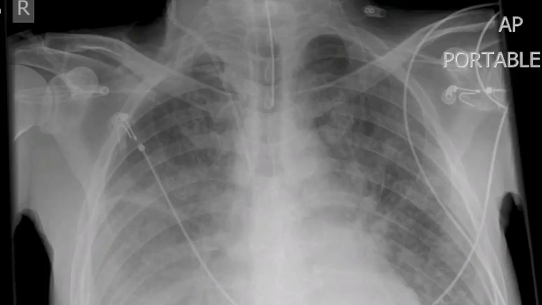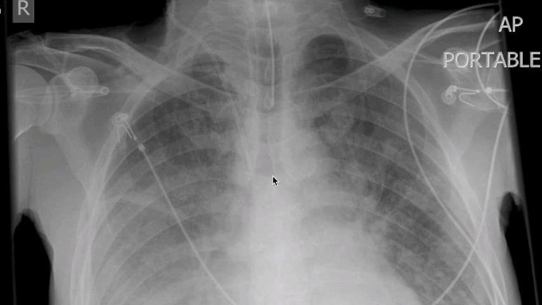So we talked a little bit earlier about using chest x-ray to confirm appropriate placement of an endotracheal tube. What are we actually looking for on the chest x-ray to make sure that the endotracheal tube is in the correct place? The main thing we do is measure the distance from the carina to the endotracheal tube, and that distance should be between 3 and 5 centimeters. You can measure that distance on a chest x-ray.